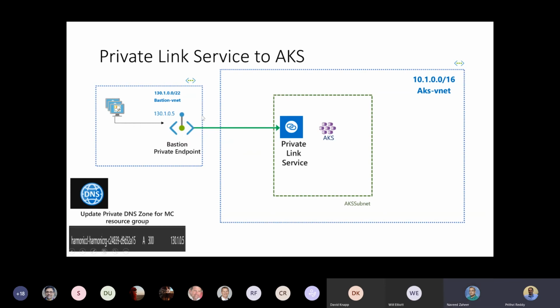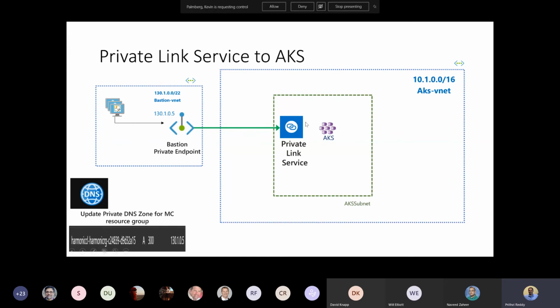Just you may want to explain, Prithvi, that this is only for the API server of the AKS cluster. This is not for the Ingress, the private link. Correct. This is only for the API server, meaning this is how the kubectl commands are used to create your containers, and any YAML file updates that you need.